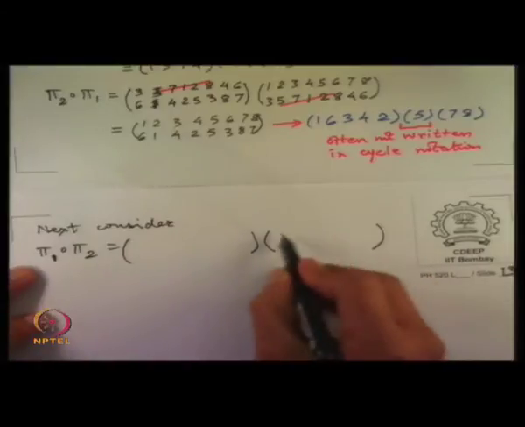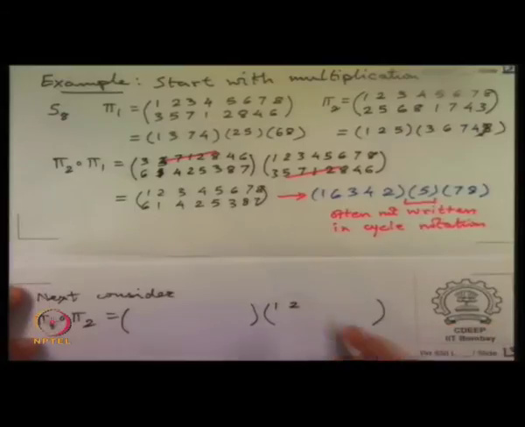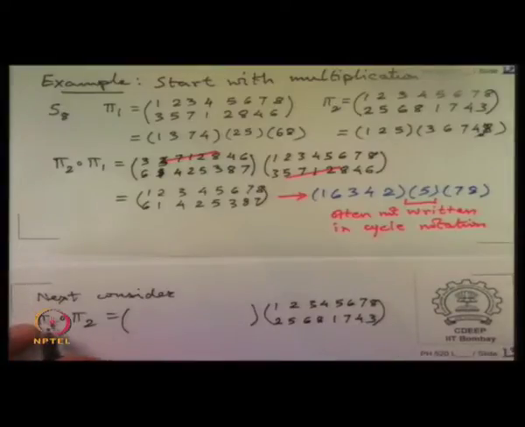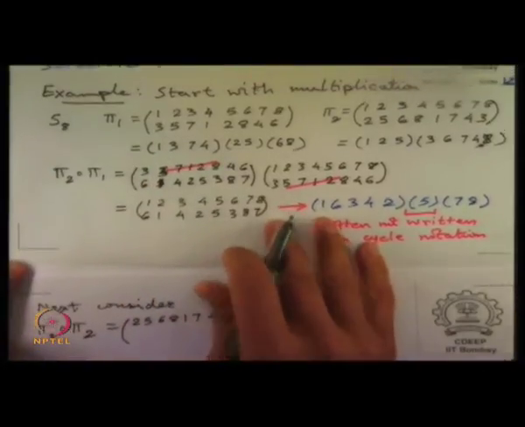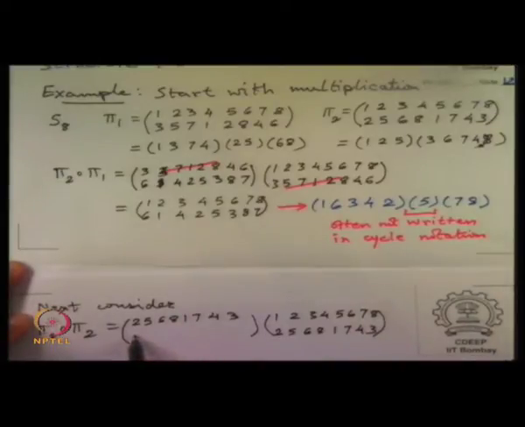So pi 2 we write out as is. Now pi 1 has to be written, but before writing it I put this at the top. And then from pi 1 read off the corresponding columns.